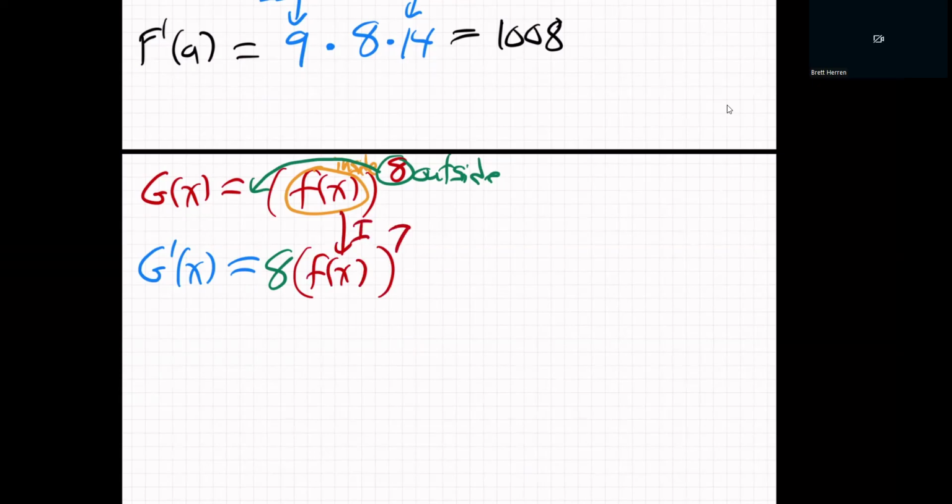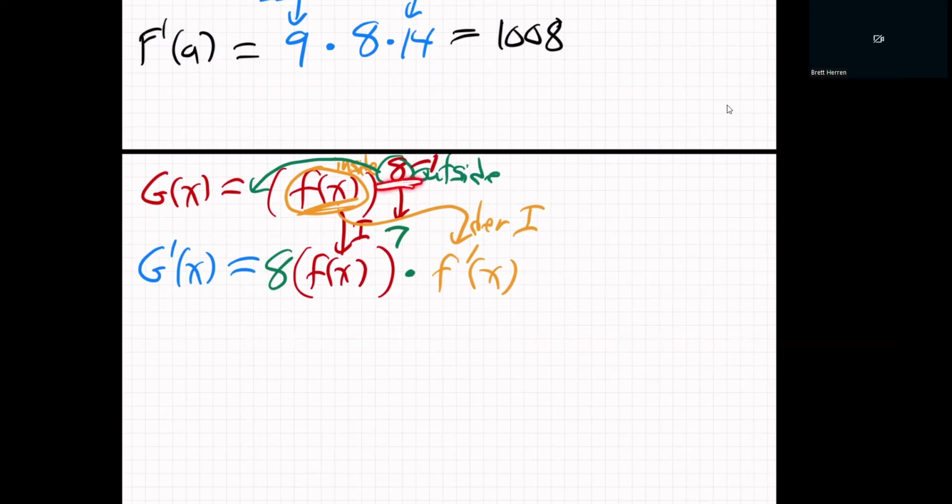And this will become 7 because you subtract 1 from the power. Let me keep that green for clarity. There we go. Is that making sense? I did the outside, times, and now we've got to go derivative of the inside function. The derivative of the inside, little f of x, will be little f prime of x. Does that make sense?